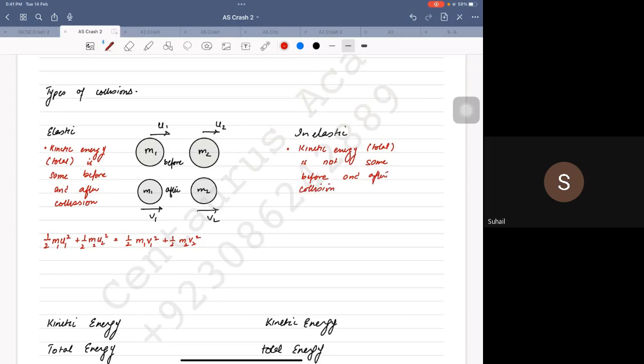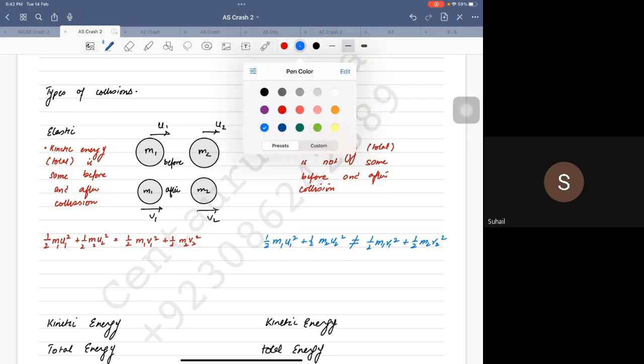Which means if you want to find that, half m1 u1 square plus half m2 u2 square will not be equal. The two sides will never be equal to half m1 v1 square plus half m2 v2 square. So they're not going to be equal, which means that you can call that particular collision inelastic.